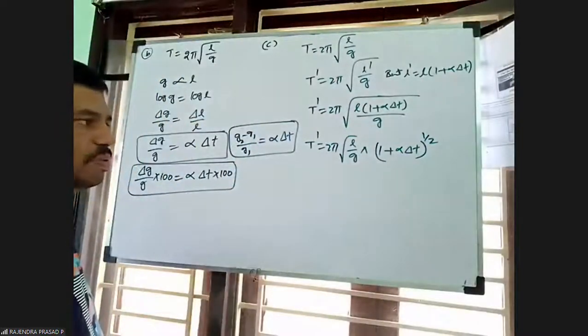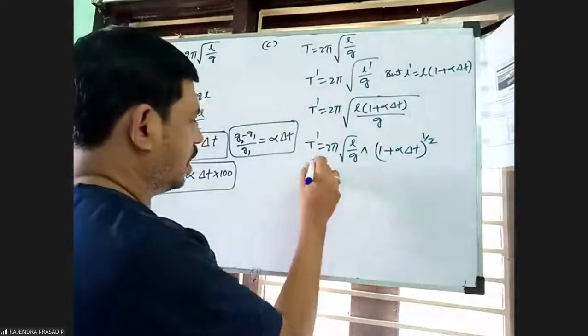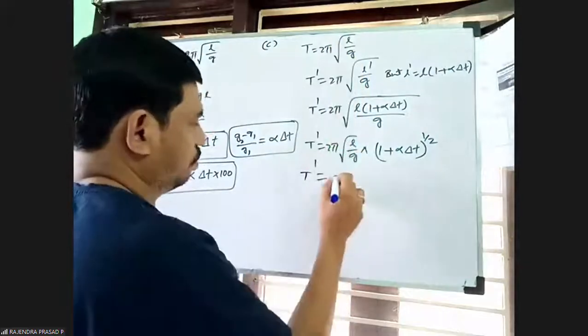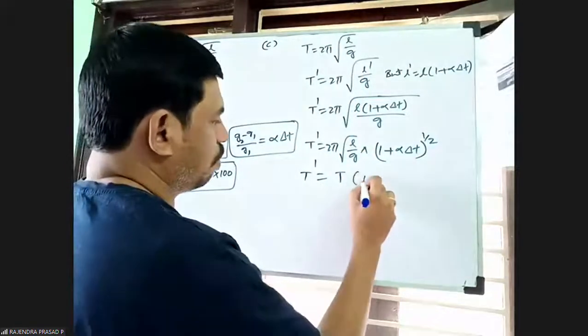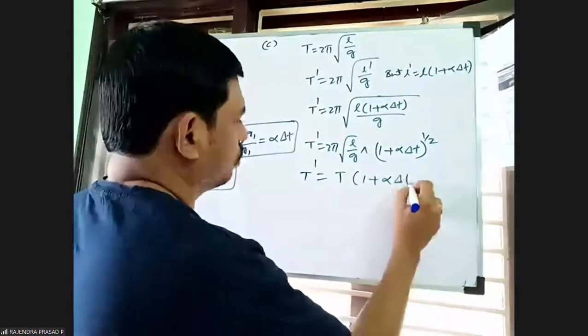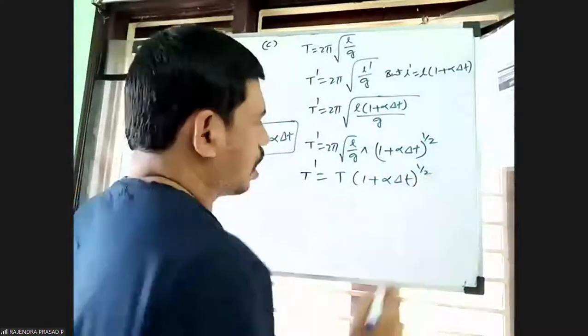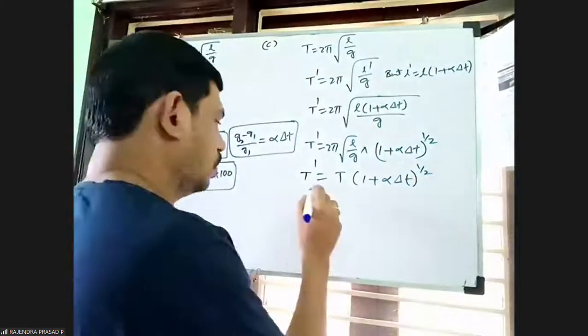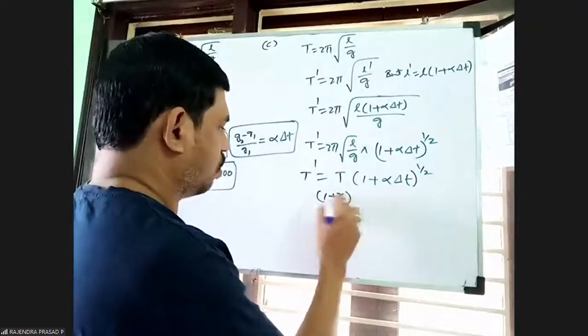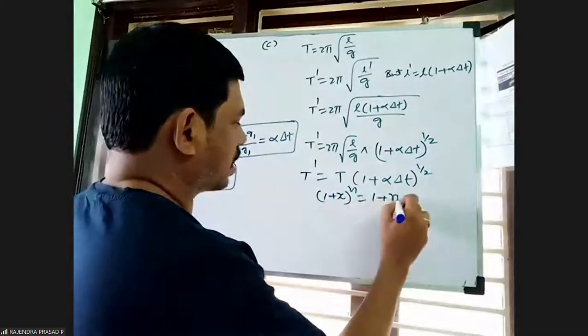Whole power half. So T dash is equal to T into 1 plus alpha delta T whole power half. According to binomial theorem, 1 plus x whole power n equals 1 plus nx.